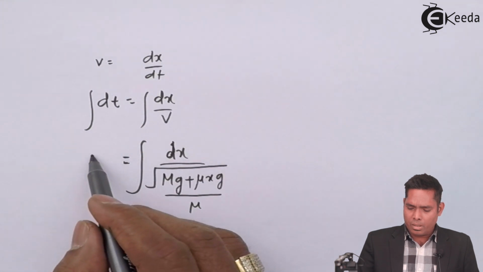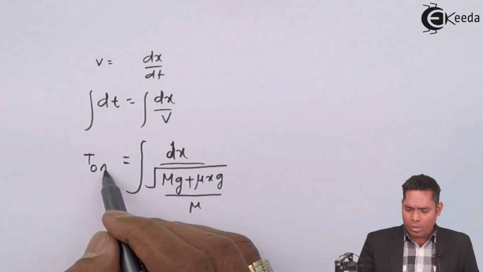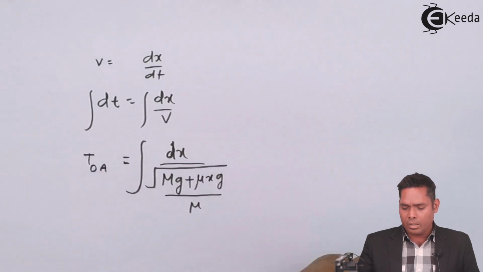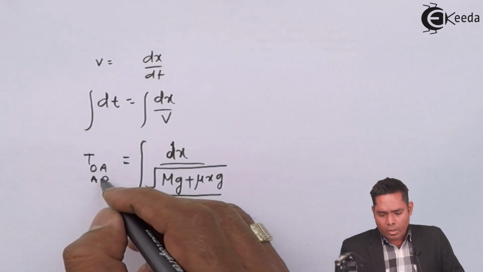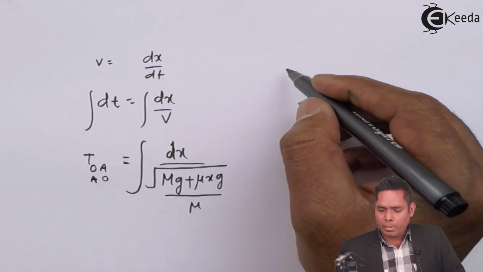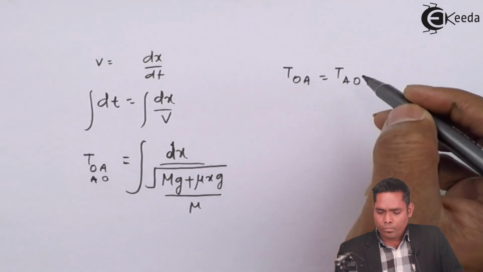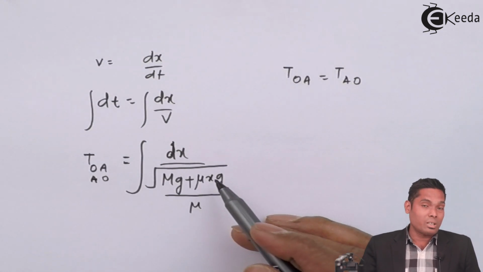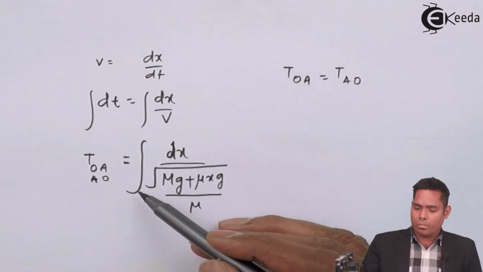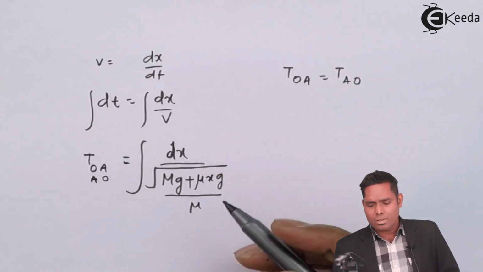So this time T OA, or this T AO I find, will remain the same, because the integration of this is not going to change with the limit of dx going from here to there or from that to that place.